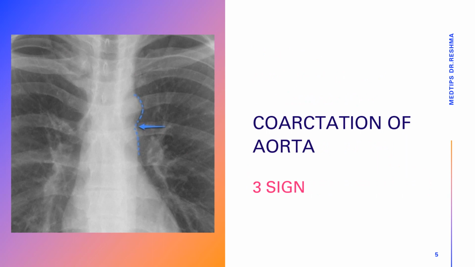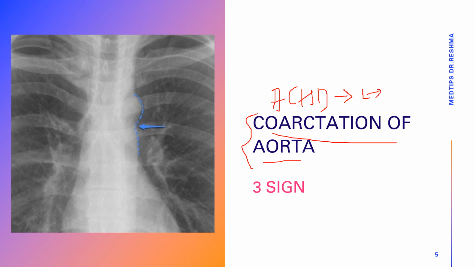Next is coarctation of aorta. We didn't discuss this earlier. This condition actually belongs to acyanotic congenital heart disease. That means it comes under congenital heart disease, but the baby will not have cyanosis. This is because here a left to right shunt occurs.